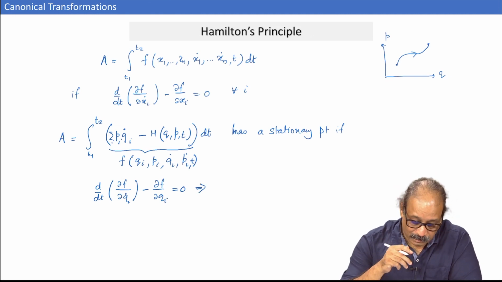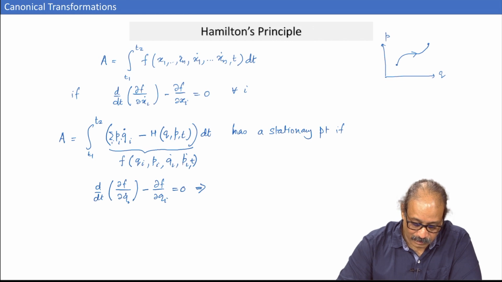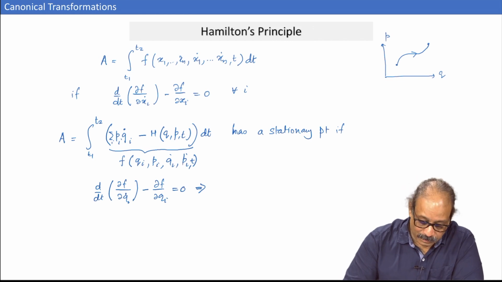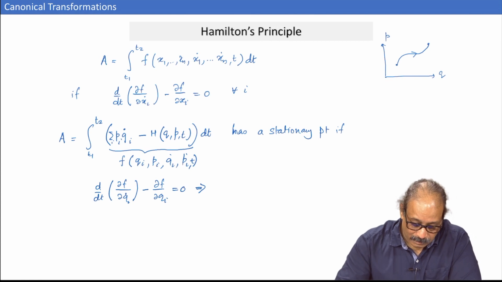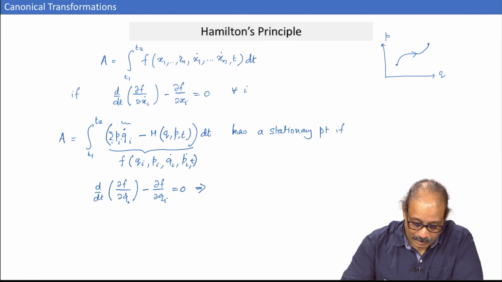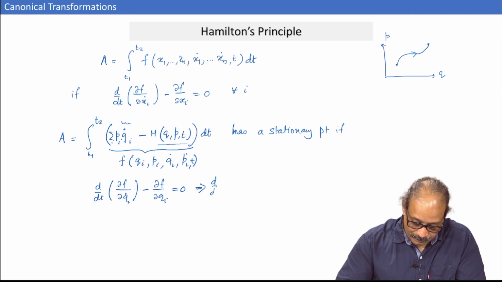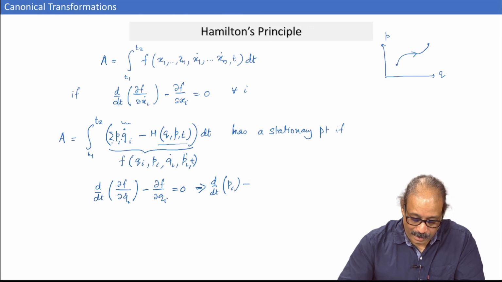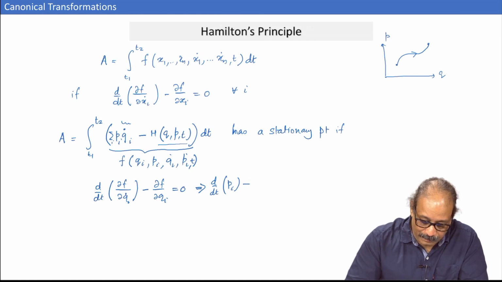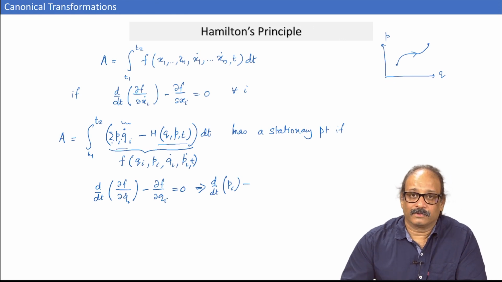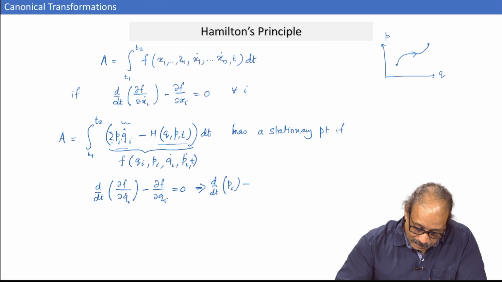This function depends on q dots through this term, remember, but q dots do not appear in the Hamiltonian. So, it would be d by dt of p_i minus, and the q_i variable does not appear in the first term here, it appears only in the Hamiltonian. So, this would be minus del H over del q_i, and this must be equal to 0.